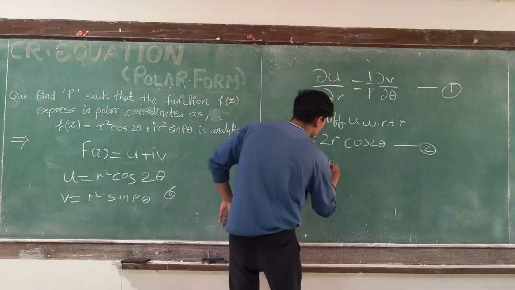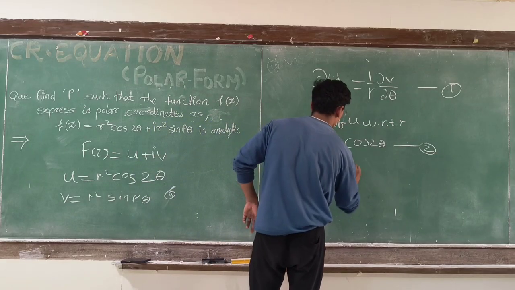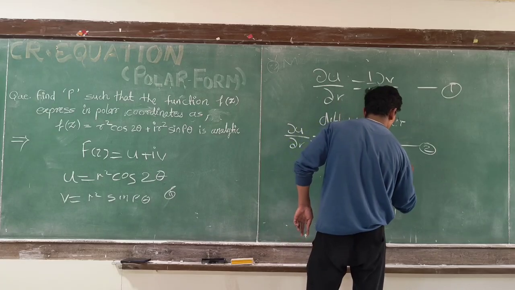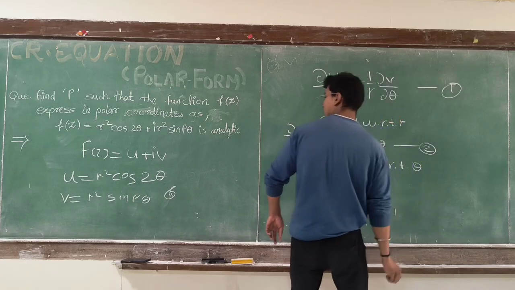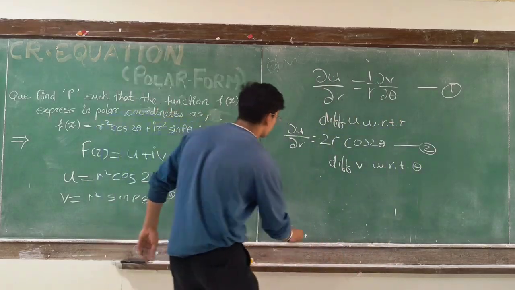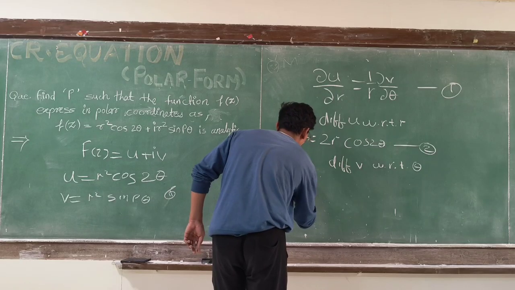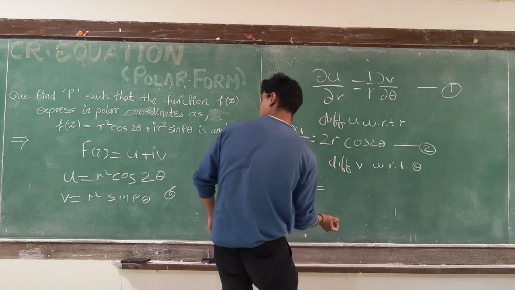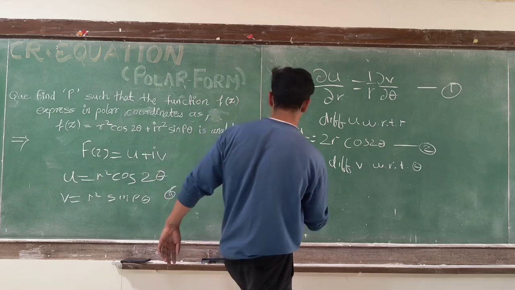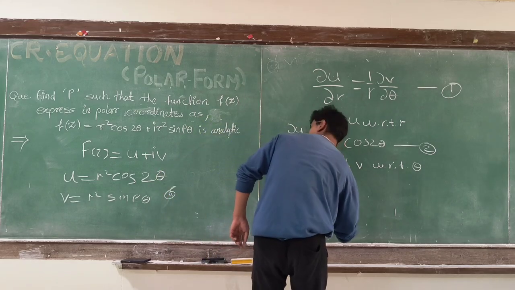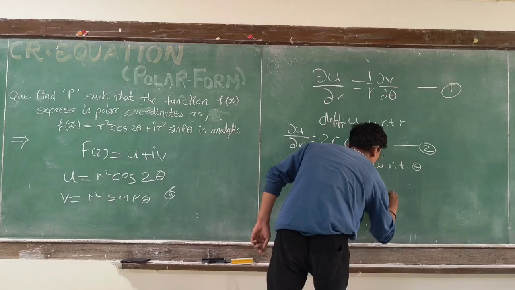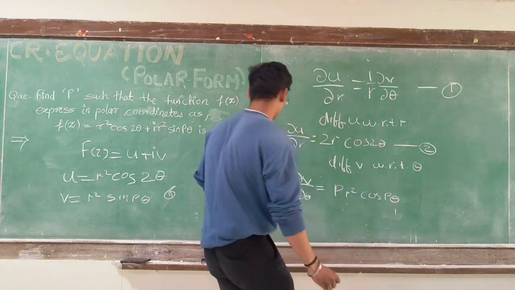Now differentiate v with respect to theta. So this will become del v by del theta equals p r square cos p theta.